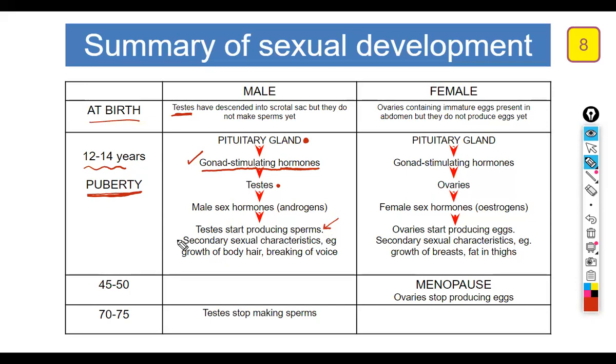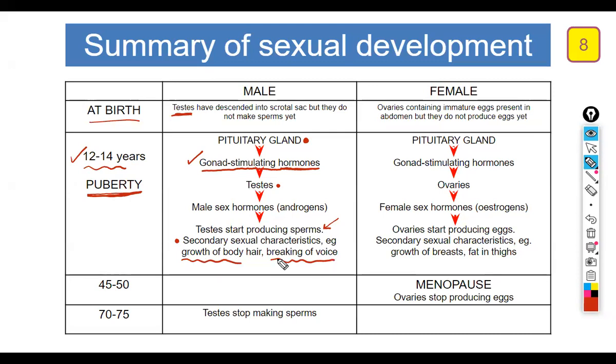However, there's something called secondary sexual characteristics. These have actually nothing to do with sexual reproduction. A secondary sexual characteristic is just something that comes about alongside the main one being accomplished. For example, the growth of body hair. When a male reaches puberty, they start to grow a beard and mustache, and their voice changes.